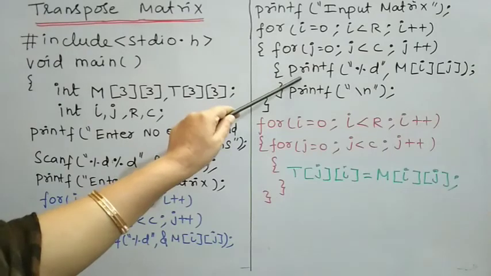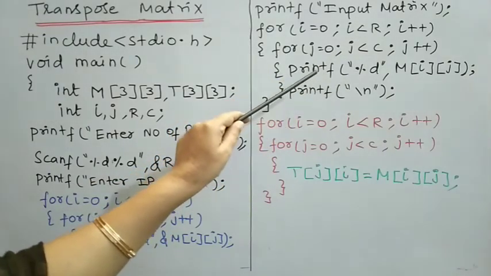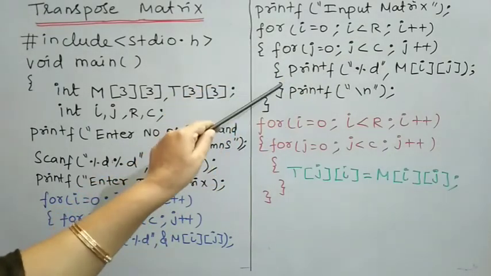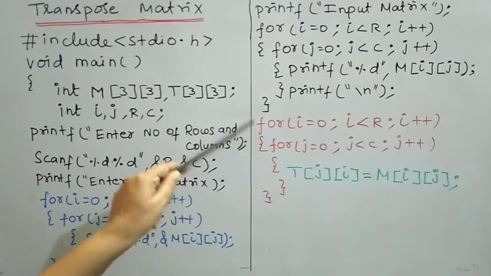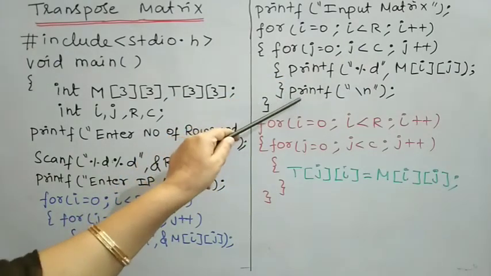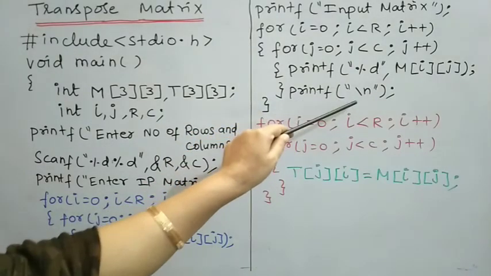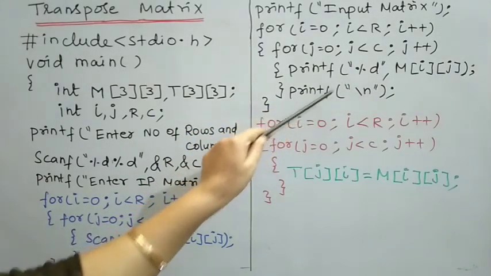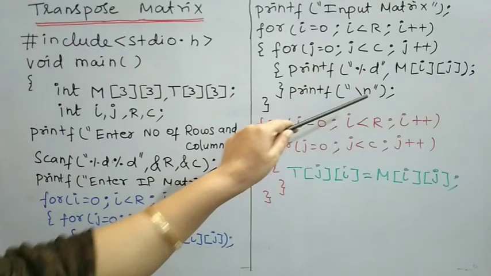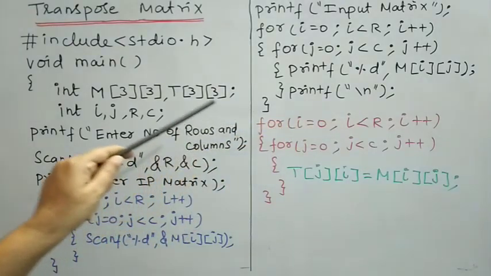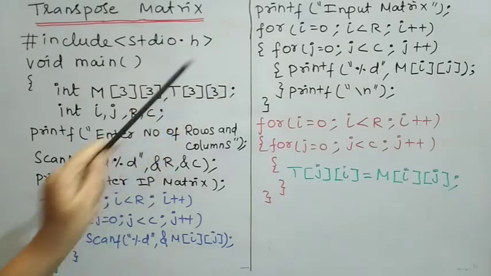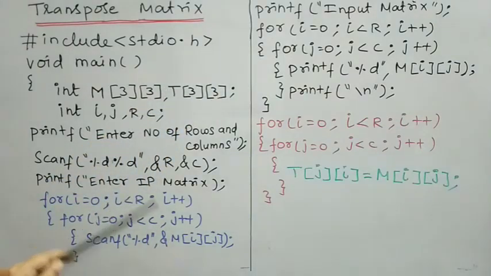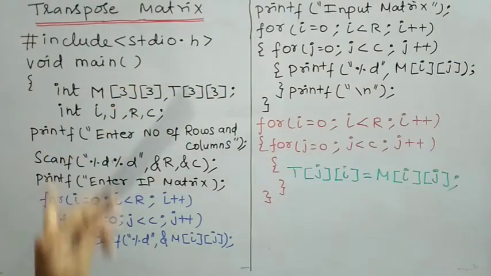This printf statement will print the individual element. After printing one single row, we are supposed to move to the next line for printing the second row. To move to the next line, we are using printf with \n. It will move the control to the next line. So using this nested for loop, we are printing the input matrix, whatever we have inputted, in matrix format.